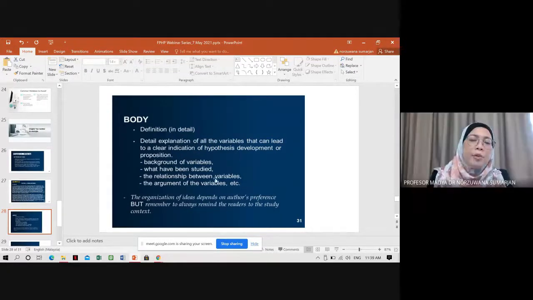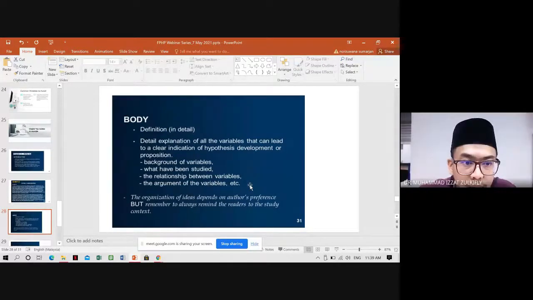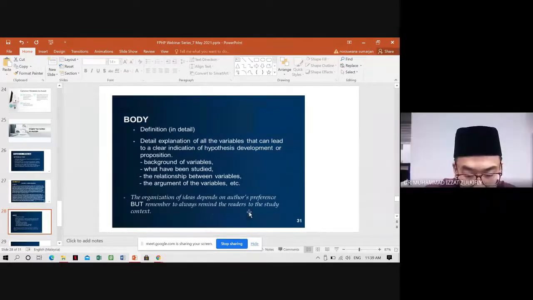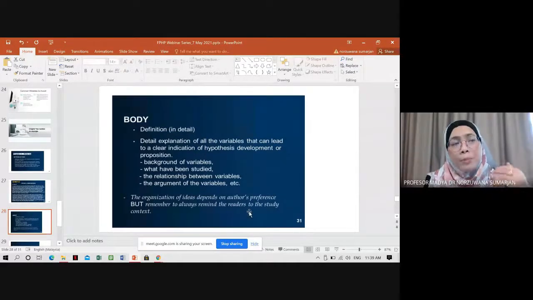Okay, here you may want to have background of the variables, what have been studied about the variables, the relationship between the variables, the argument of the variables, etc. See, the organization of ideas depends on the author's preference, but most importantly, remember to always remind the readers of the study context or the purpose of the current study.